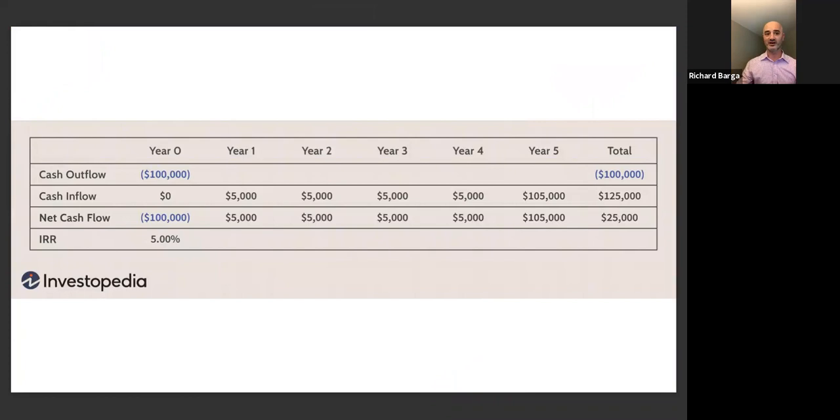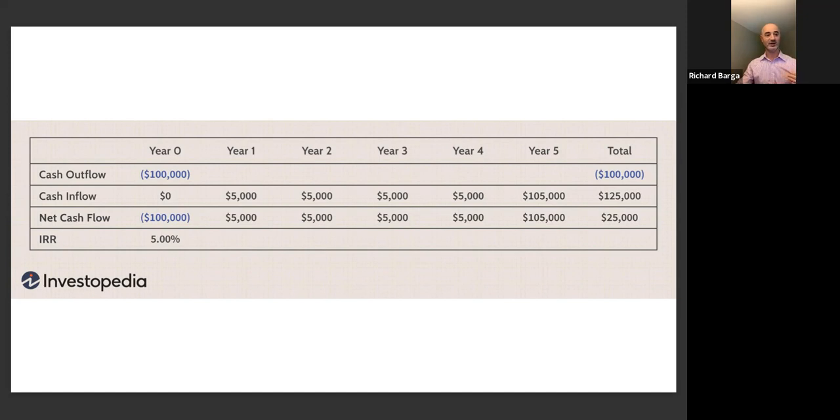Here's another example with rounder numbers, with some zeros added in. In year 0, we have a cash outflow of $100,000, and that is how much we pay for the building. In years 1, 2, 3, 4, and 5, we are making positive money, cash inflow.